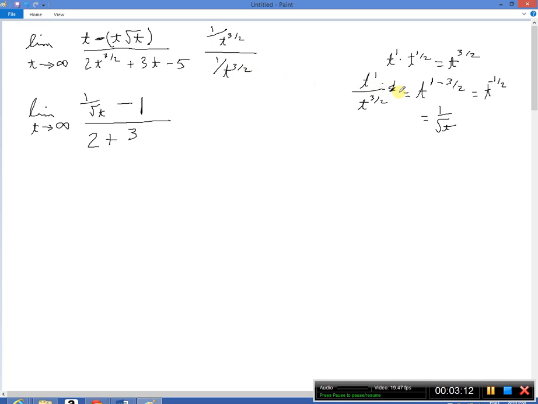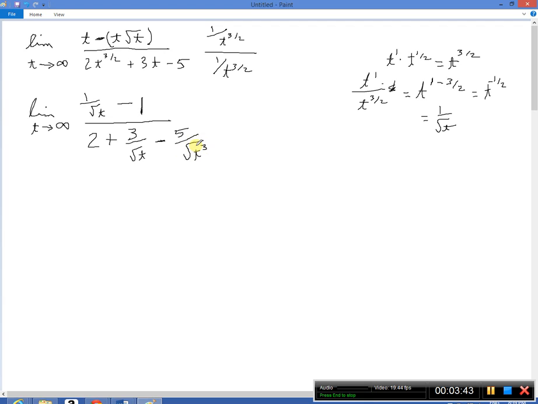We just did that. That's going to give us 1 over square root of t, so it's going to be 3 over square root of t this time. And then the minus 5 is going to give us minus 5 divided by t to the 3/2, or divided by the square root of t cubed. And you can write it this way, or you can write the square root of t quantity cubed. It doesn't matter, because square root of t times square root of t times square root of t is the square root of t cubed.